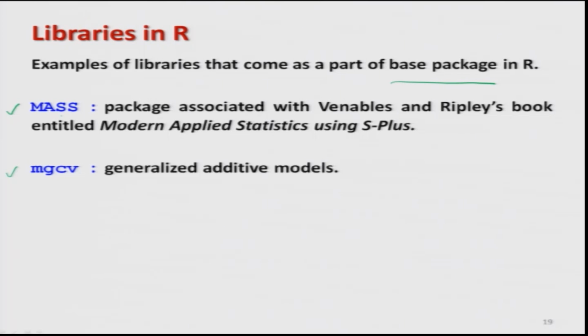This MASS package contains various data sets and other tools related to the book Modern Applied Statistics with S-PLUS, written by Venables and Ripley. That was a book about the software S-PLUS, in which they used different types of data sets and commands, and this library contains all those commands.